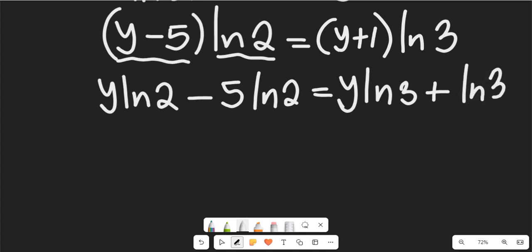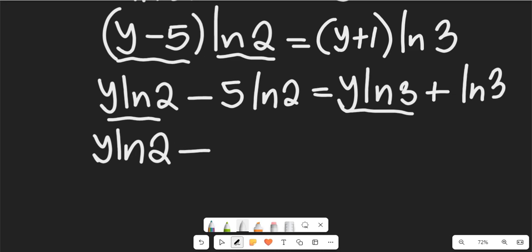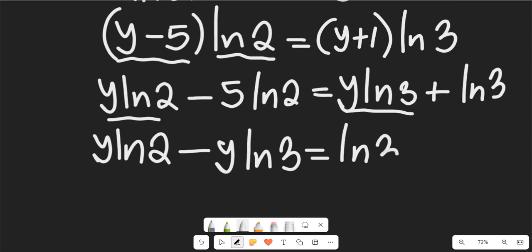So what I do next from here is to collect the like terms. If I collect the like terms, I'm going to have y natural log of 2 minus, because this will come over here to give me minus y natural log of 3, equal to the natural log of 3 plus 5 multiplied by the natural log of 2.